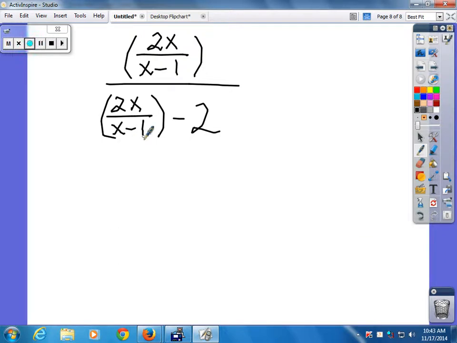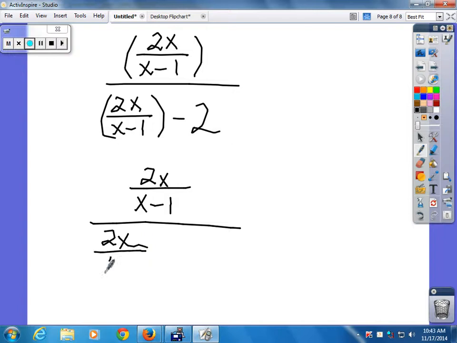That's going to give us 2x over x minus 1 over 2x over x minus 1 minus 2 x minus 1 over x minus 1.